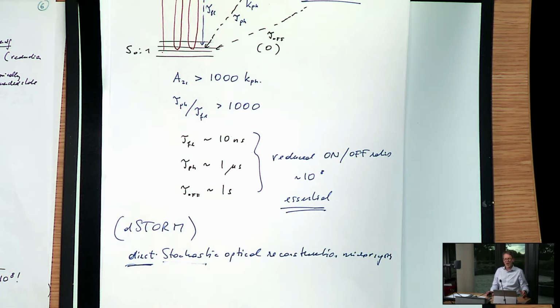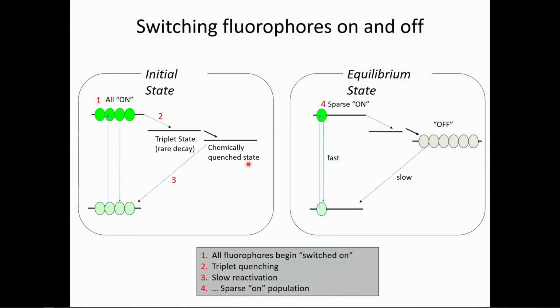So here, going back now to my computer, you see how this works. You initially put light onto the sample. Yes, that's right. So you can see this here. Initially the sample will give you a flash of light.